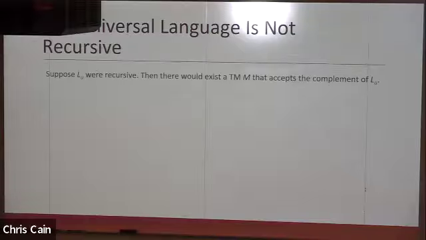So, proof by contradiction: if this were recursive, there would exist a Turing machine that accepts, we could say, the complement of the universal language. We know that if a language is recursive, that means we can both accept or reject in a finite amount of time. If we look at the complement, we would be flipping the acceptance and rejection. We can do both in a finite amount of time, so we should still be able to do both.